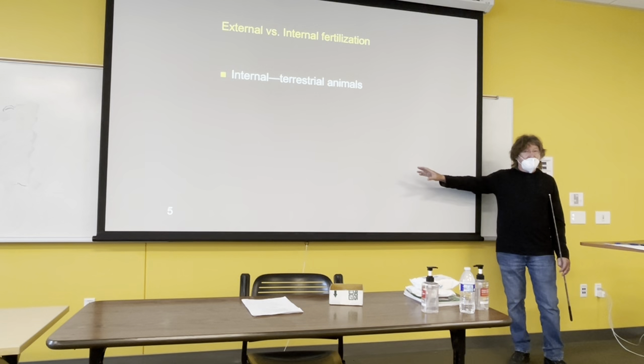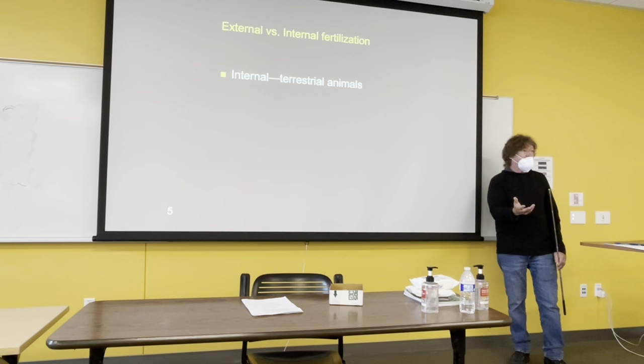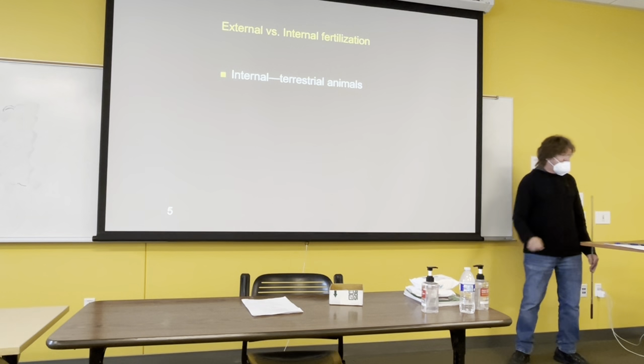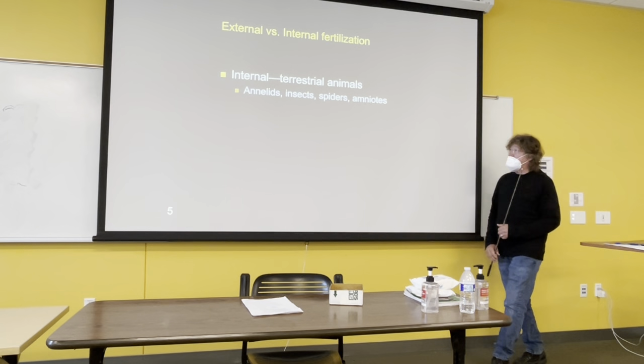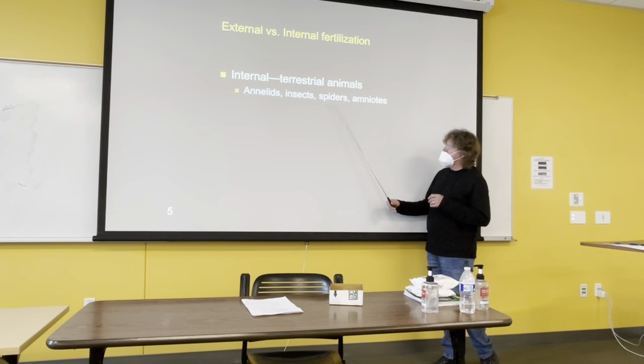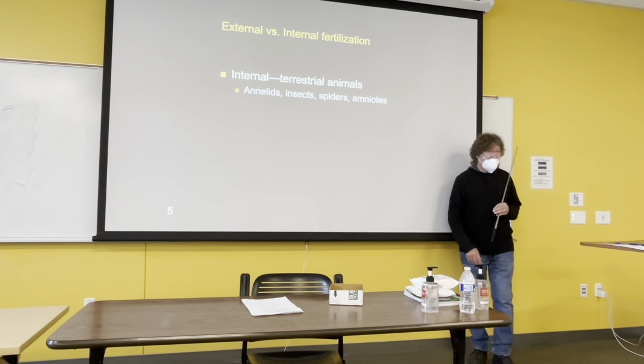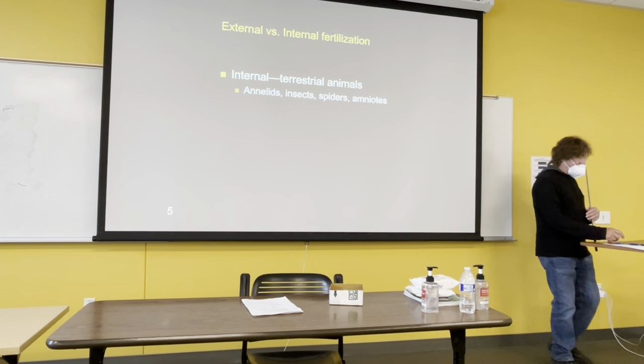Because then the watery material in which the sperm is dissolved is transferred into the moist, watery environment inside of the female, where fertilization can take place. So those that are terrestrial that have internal fertilization are annelids, insects, spiders, and all amniotes.